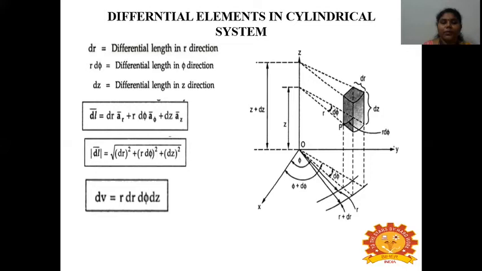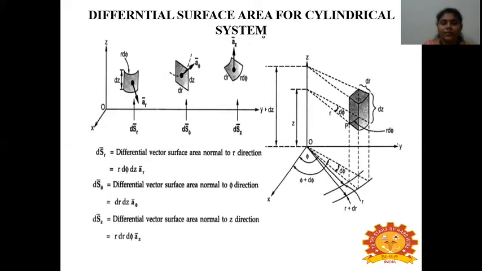Next we will see the differential surface area for a cylindrical coordinate system. First, if we take the r direction as a unit vector, where this is your r direction, this plane will be perpendicular to the surface formed by dz and r d phi.